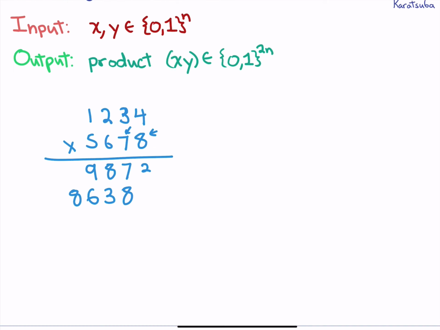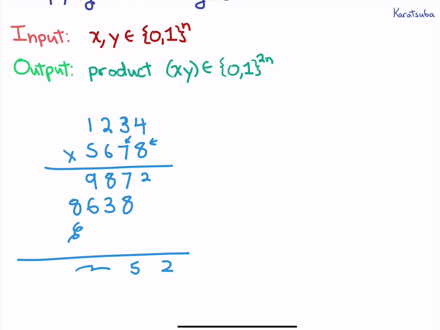And I would do 2 more rows like this, and then add everything up at the end. And you can do this base 2 as well. In fact, it's easier because you only have to understand what 1 times 1 and 1 times 0 is. You don't have to know the full multiplication table between 0 and 9.